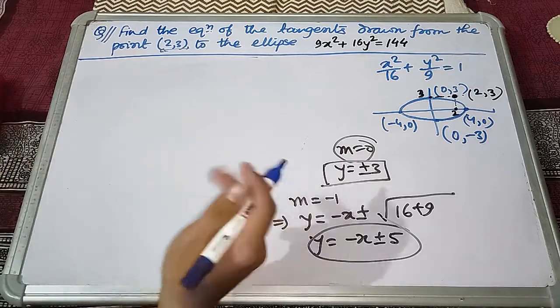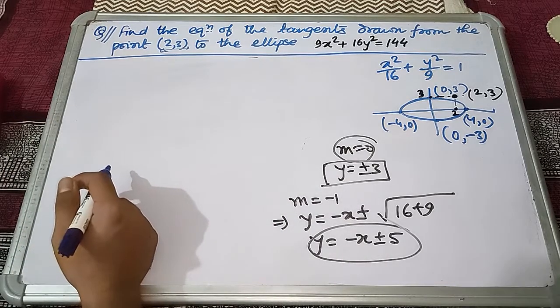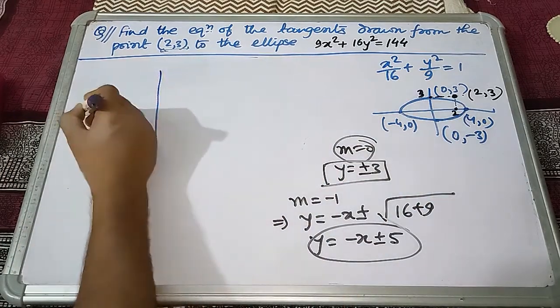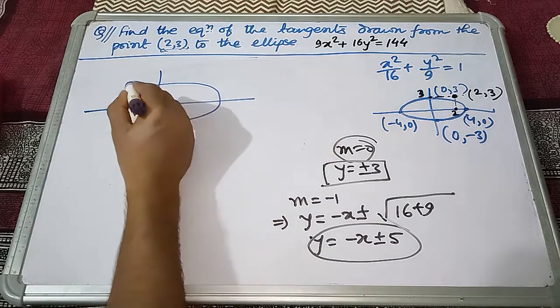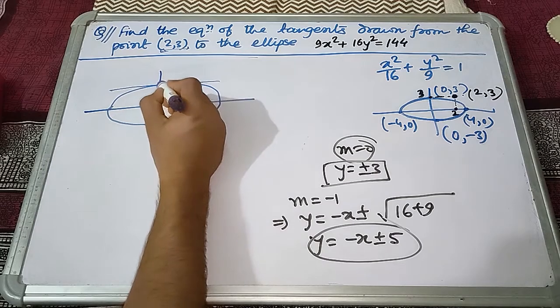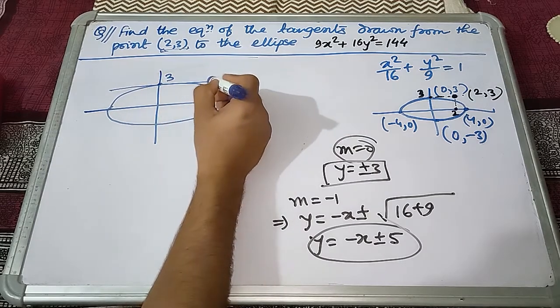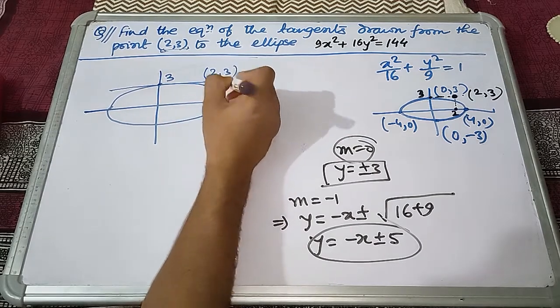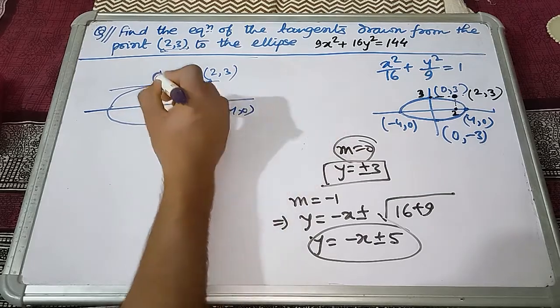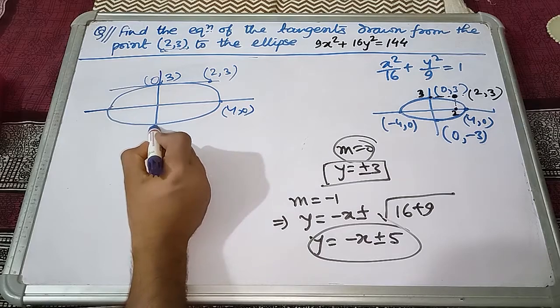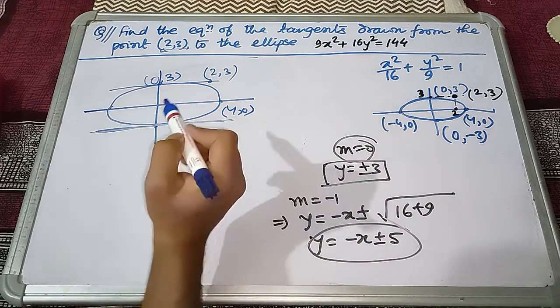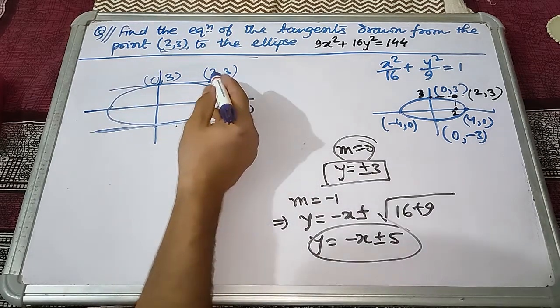Now we have y equals plus and minus 3. In this rough figure, if we draw a little bit enlarged version, here was your 3 and here was your point 2 comma 3, this was 4 comma 0, this is 0 comma 3. y equals minus 3 is this line. Do you think this line passes through this point?